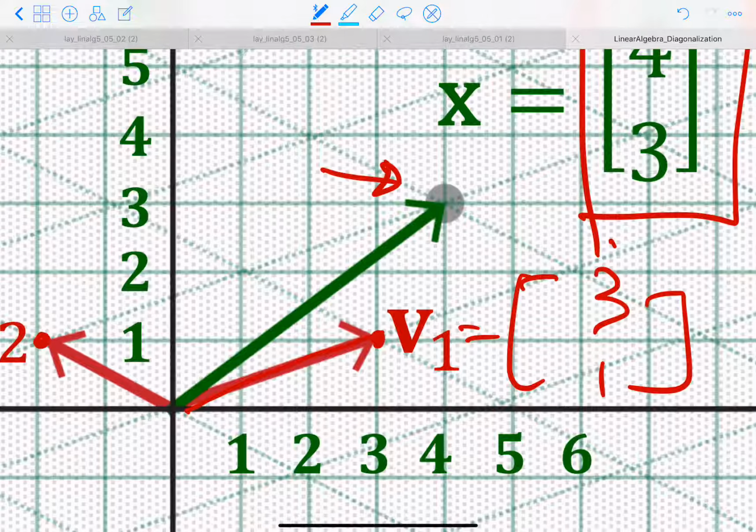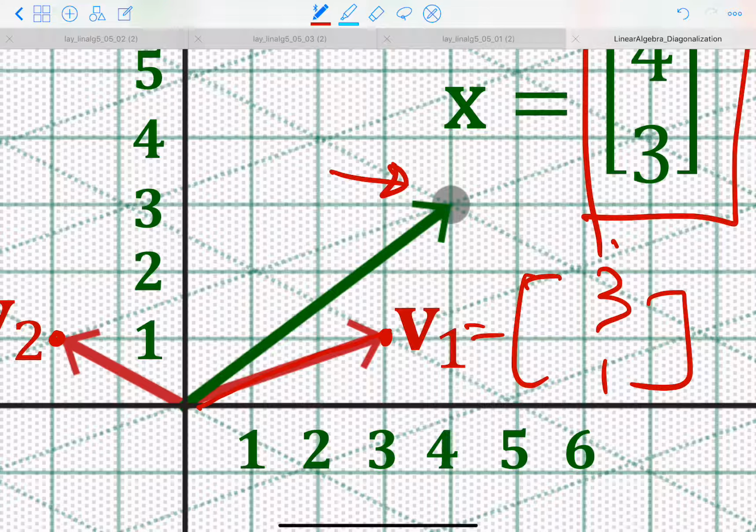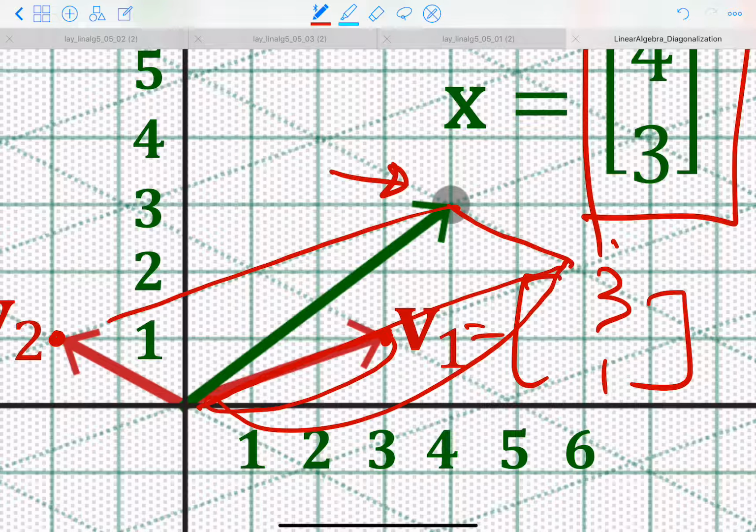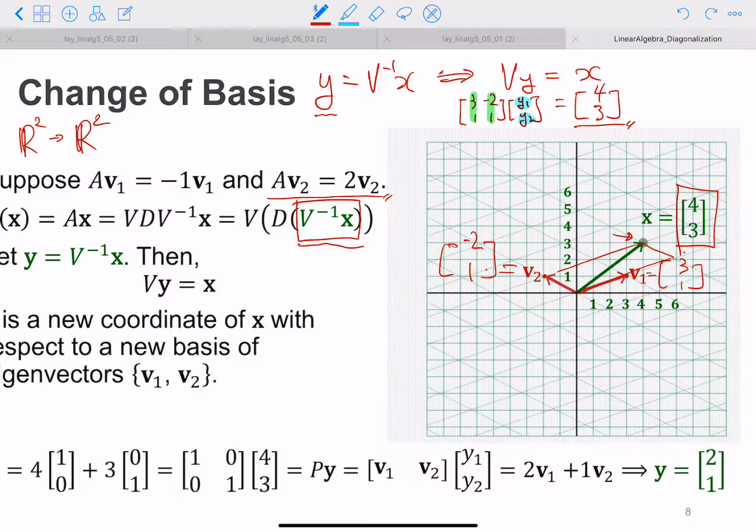By looking at this grid and the parallelogram pattern, it seems to be V1 times 2 and V2 times 1, so y1 and y2 will be 2, 1.